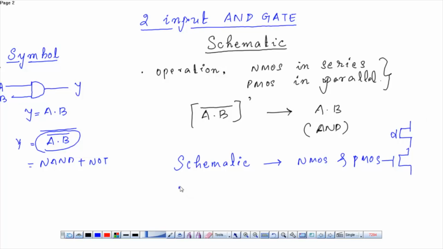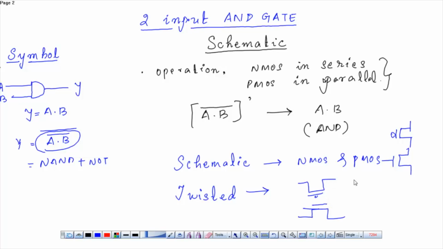Then we have the twisted schematic, the twisted form, where we will place it like this.